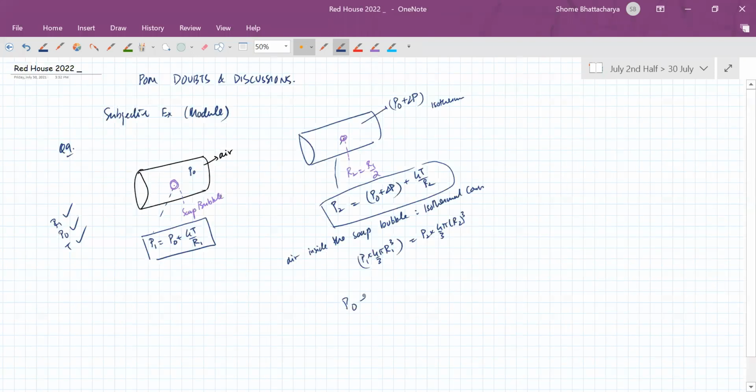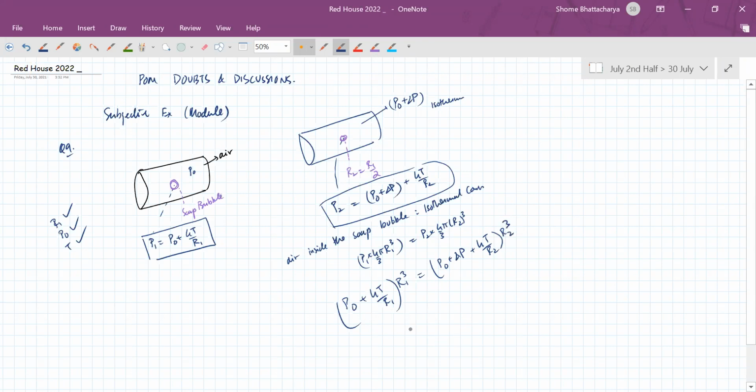So P naught plus 4T by R1, that is my P1, into R1 cube should be equal to P2, which is P naught plus delta P plus 4T by R2, into R2 cube. I just cancelled the 4 by 3 pi on both sides.